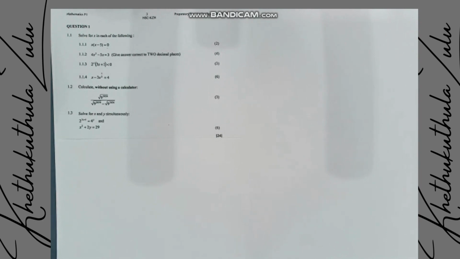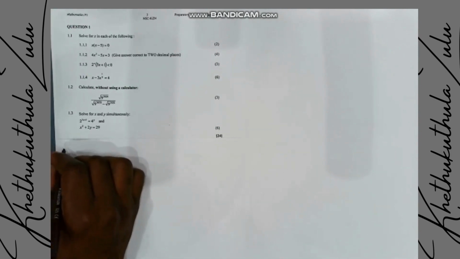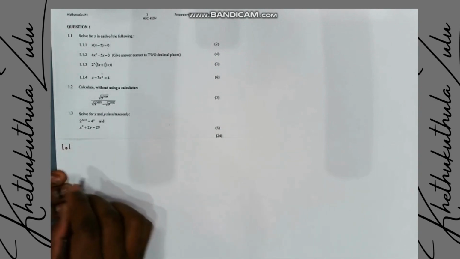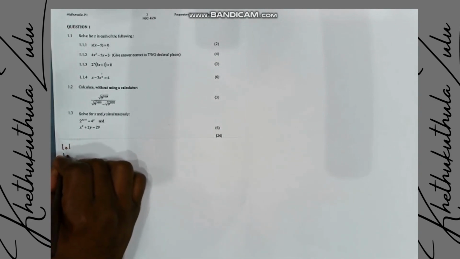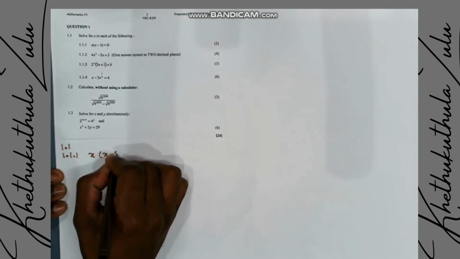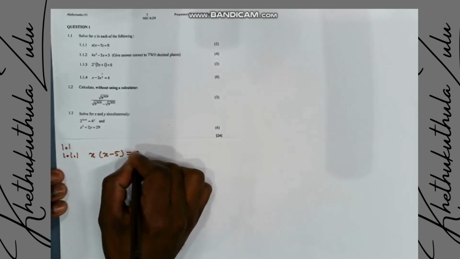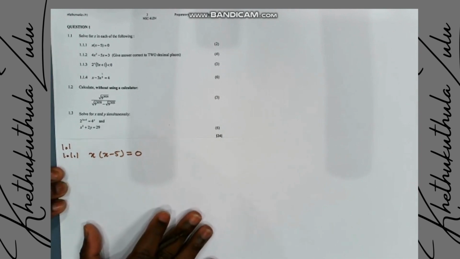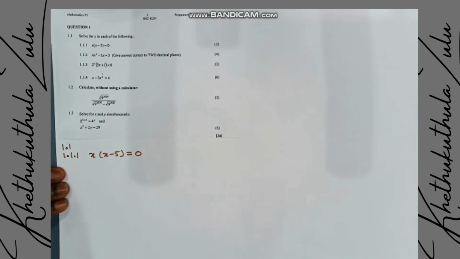Question 1 that we have here, I hope you see it properly, but if you don't, I'm going to write the question for you. Question 1.1.1 is saying x(x - 5) = 0. The question is saying solve for x.